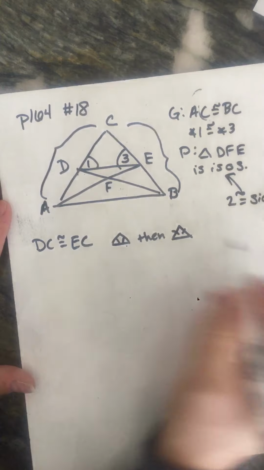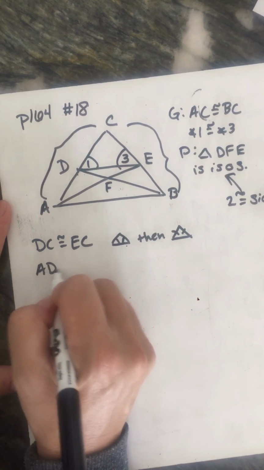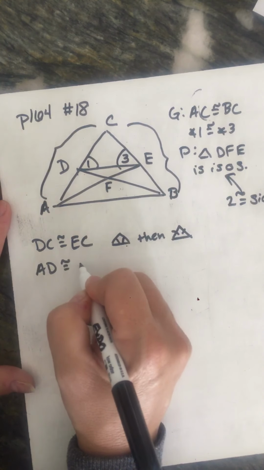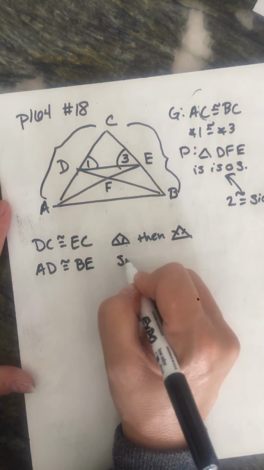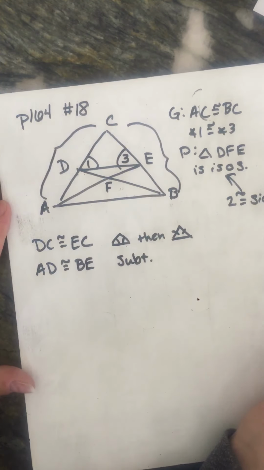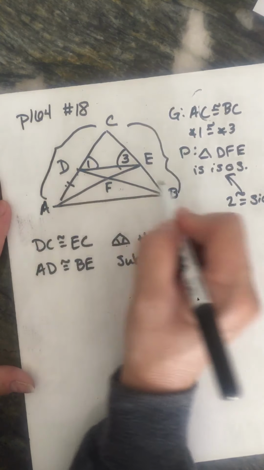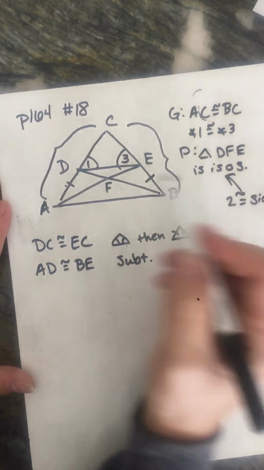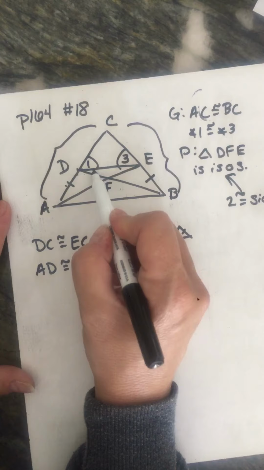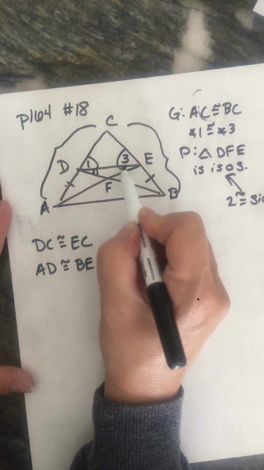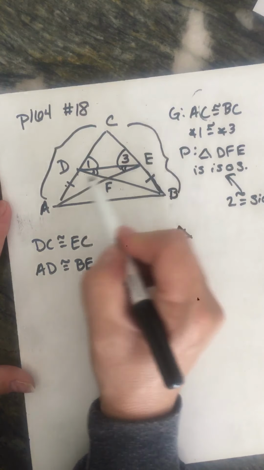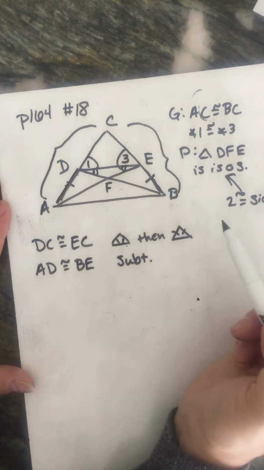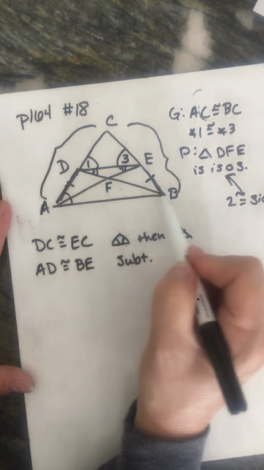And we could also say that AD is congruent to BE by subtraction. So I've got this piece is congruent to this piece. Now I probably want to show these guys are congruent to each other. That's probably where I'm headed with this. So if I've got a side here and a side here, we could say that these angles here are congruent, couldn't we?